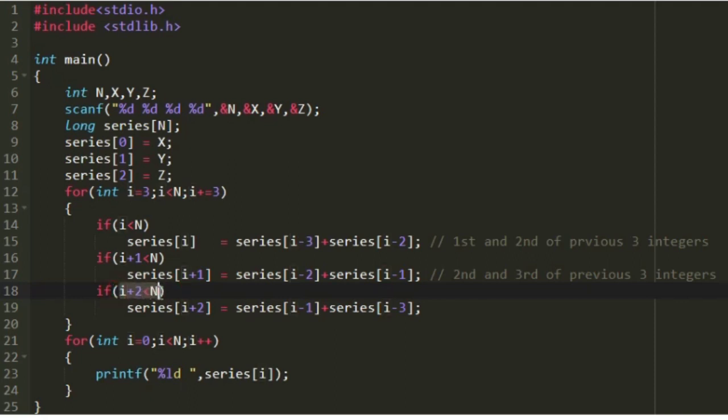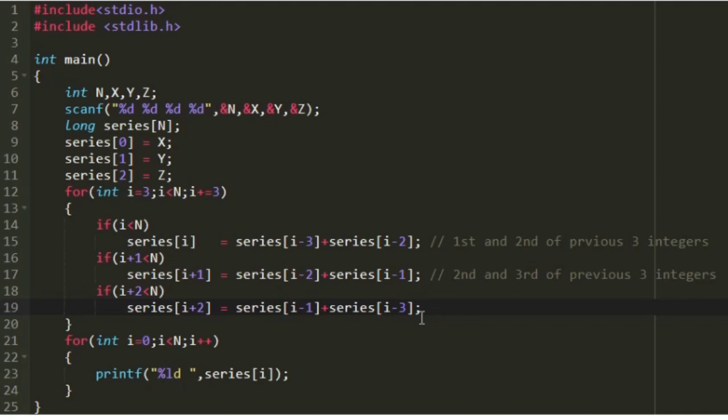And now i plus 2. So that would be the third integer of the next three integers. So first we are checking whether i plus 2 is less than n. If it is true, then series of i plus 2, that is the third integer of the next three integers, would be the sum of first and third integer of the previous three integers.